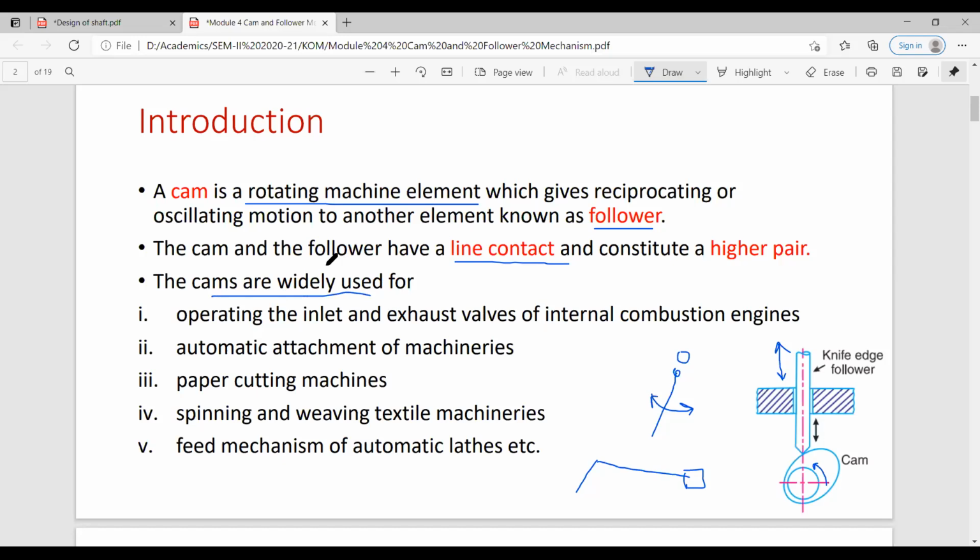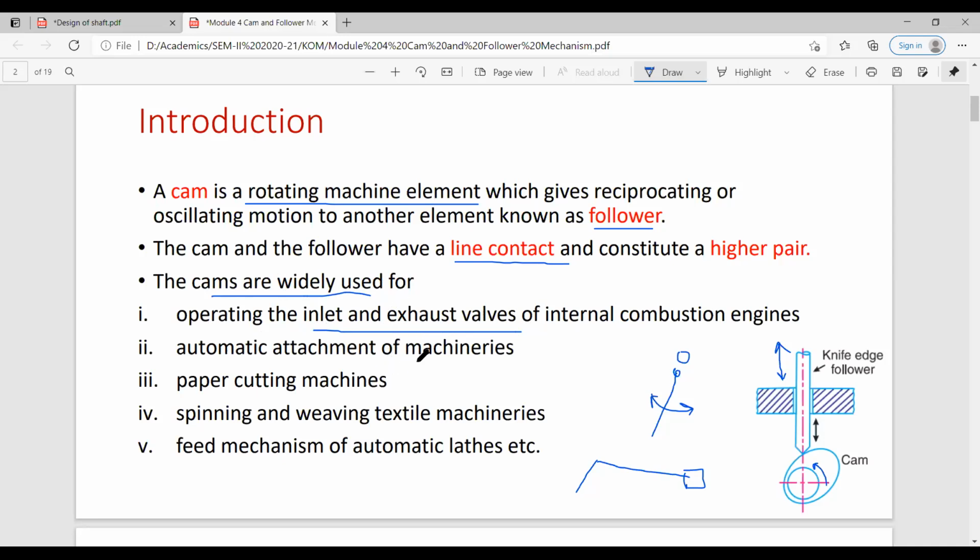Its applications include the operation of inlet and exhaust valves of the IC engine mechanism. In an IC engine there is an inlet valve, so that the fresh mixture of air and fuel enters the cylinder.